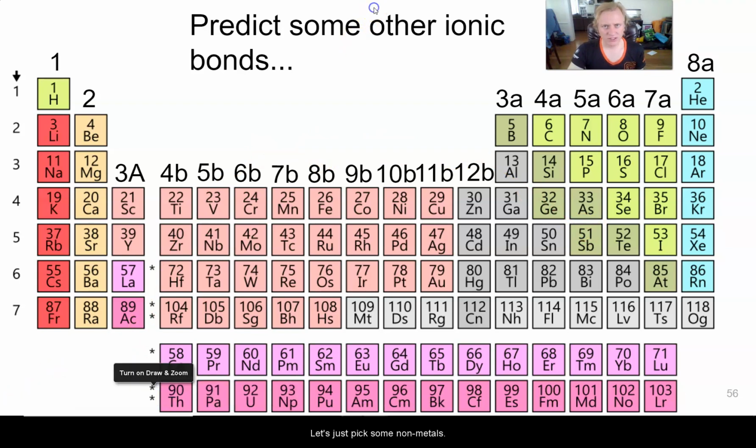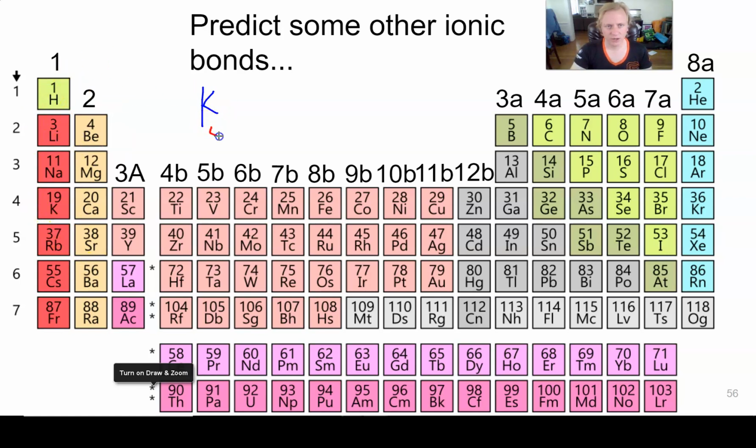So let's pick some nonmetals, and we'll put our nonmetals in dark blue. But let's take potassium. How many valence electrons does potassium have? Well, you should notice that it is in the first group.